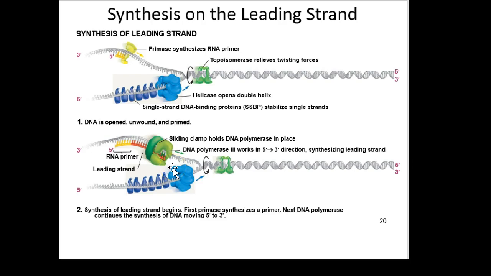It's catalyzing the formation of phosphodiester linkages. The nucleotides are going to be floating around in this entire environment at relatively high concentration, and the appropriate nucleotide will land and base pair with the template. So it's base pairing between the template strand and the new nucleotide that controls the identity of each nucleotide being added.